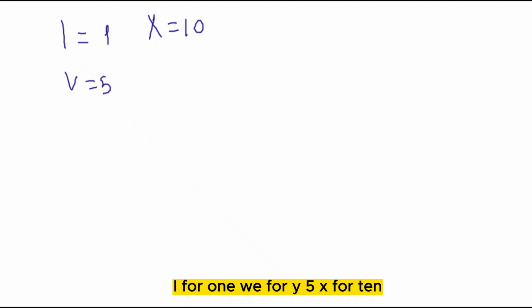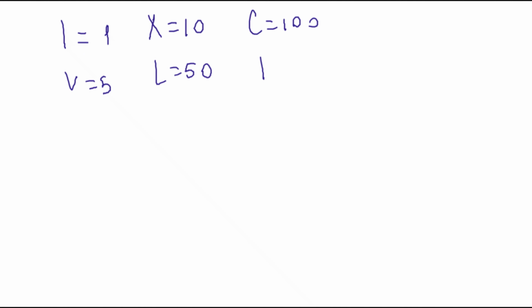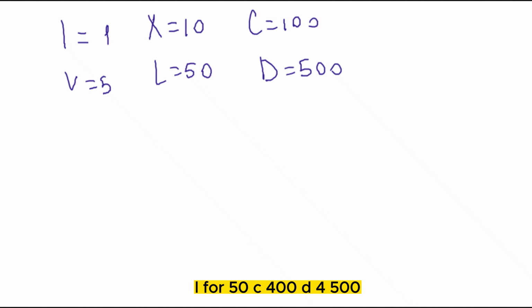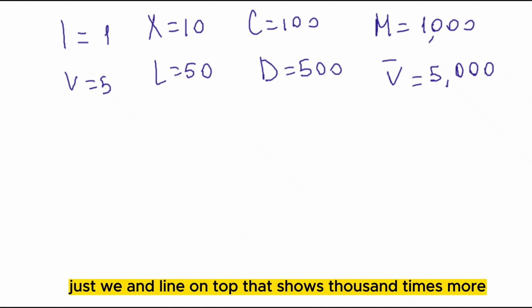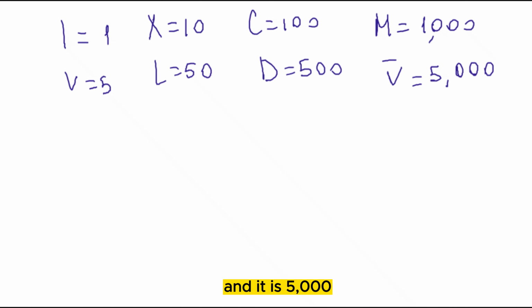I for 1, V for 5, X for 10, L for 50, C for 100, D for 500, M for 1,000, and we don't have a special letter for 5,000, just V with a line on top that shows 1,000 times more, and it is 5,000.